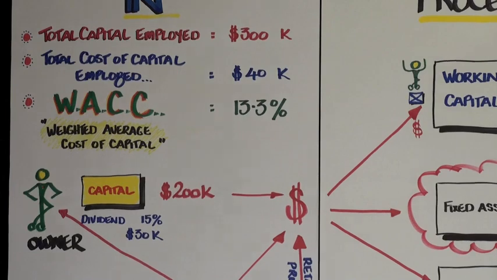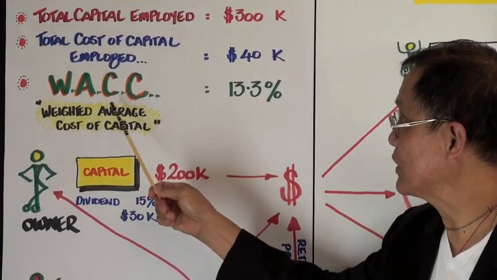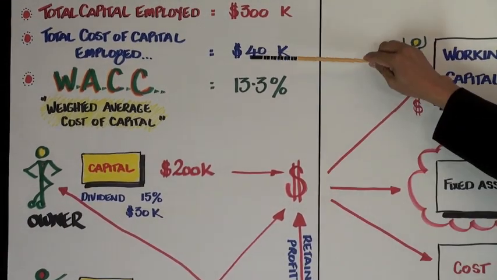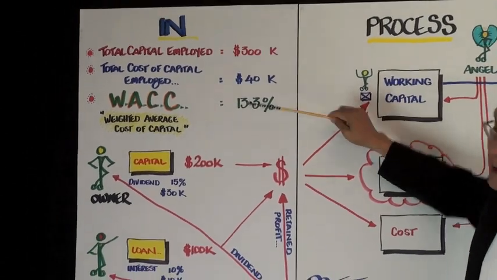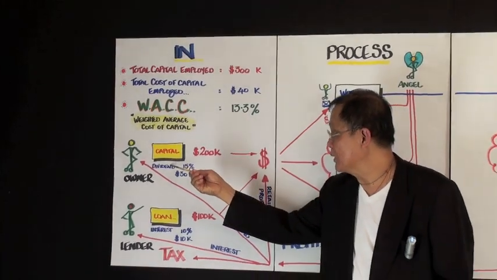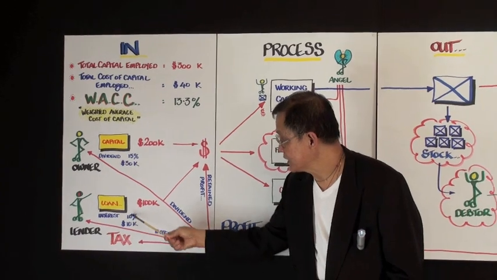40,000. There's a term called WACC, which is weighted average cost of capital. The weighted average cost of capital is arrived at by taking 40,000 divided by 300,000, which is 13.3%. And it makes very good sense because the cost of equity capital is 15%, the cost of loan capital is 10%.